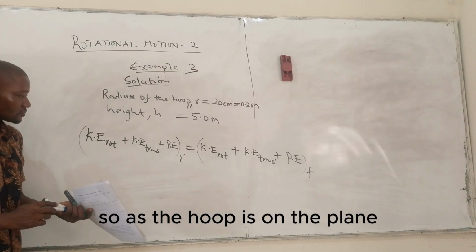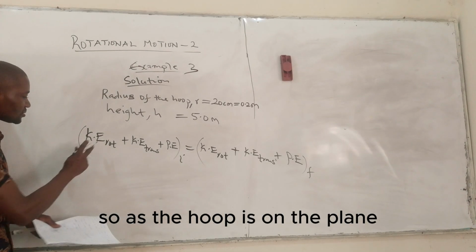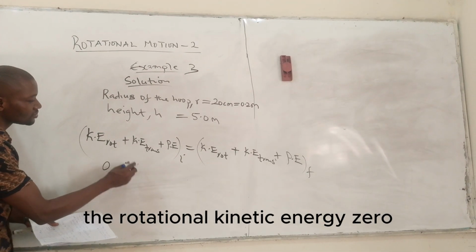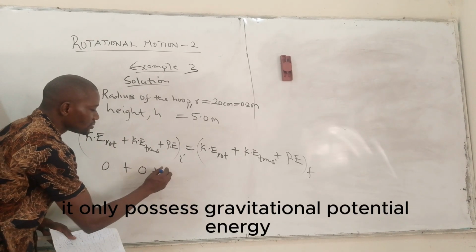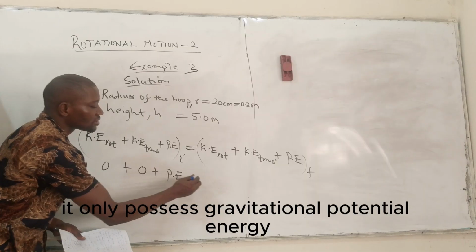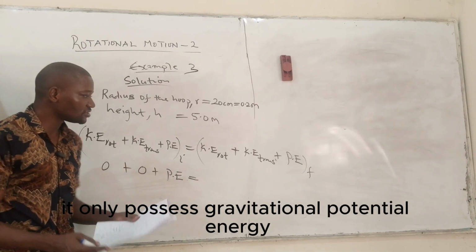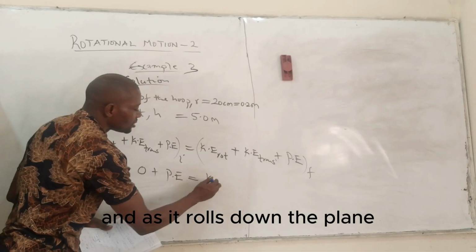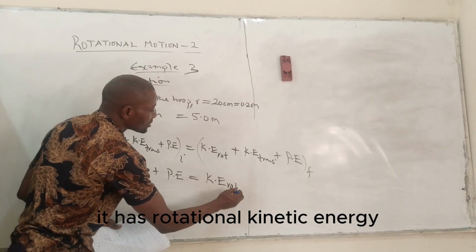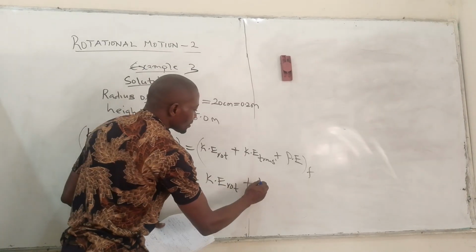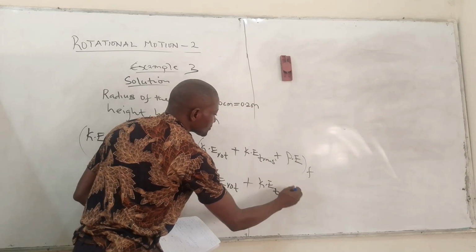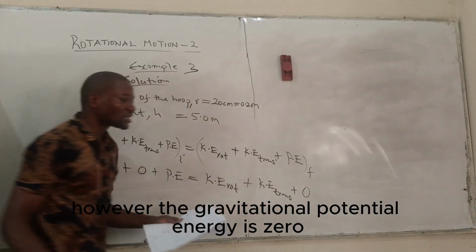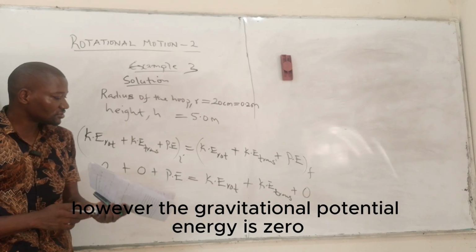So, as the hoop is on the plane, the rotational kinetic energy is 0, translational kinetic energy is 0. It only possesses gravitational potential energy. And as it rolls down the plane, it has rotational kinetic energy, translational kinetic energy. However, the gravitational potential energy is 0.